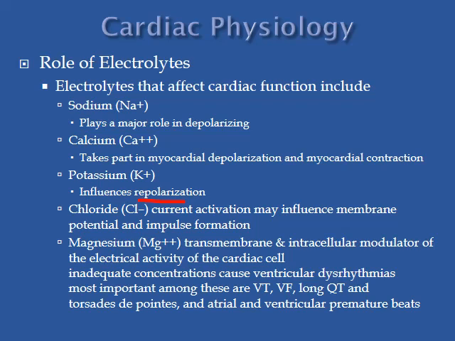So then we've got chloride. Current activation may influence membrane potential or permeability. Clyde, the chloride guy, helps things inside and outside of that cell. Then we have mother magnesium.